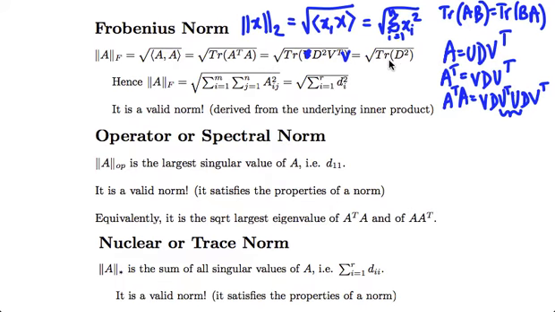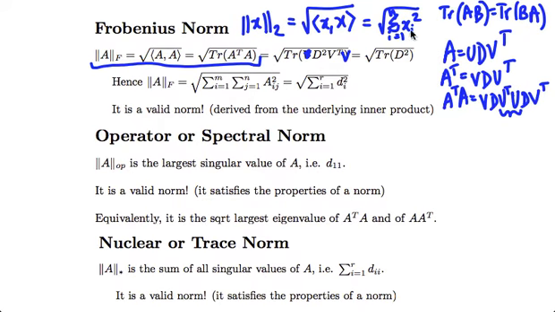Great, so how does that help us? Firstly, this part was just by the definition and this part was using the SVD. So we can get the Frobenius norm in two different ways. If you expand out the trace of A transpose A, you just get the sum of i equal to 1 to m, j equal to 1 to n, of a_ij squared.